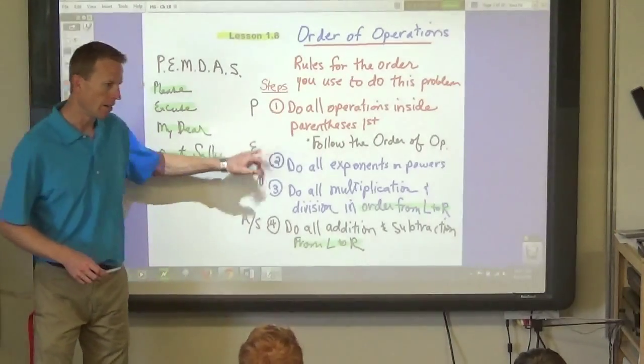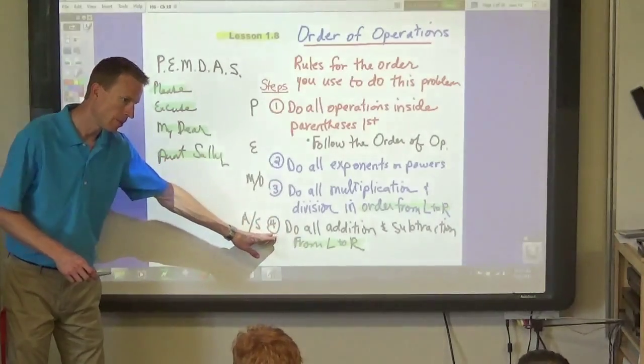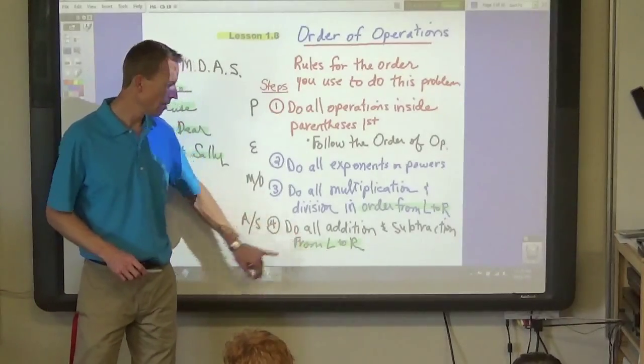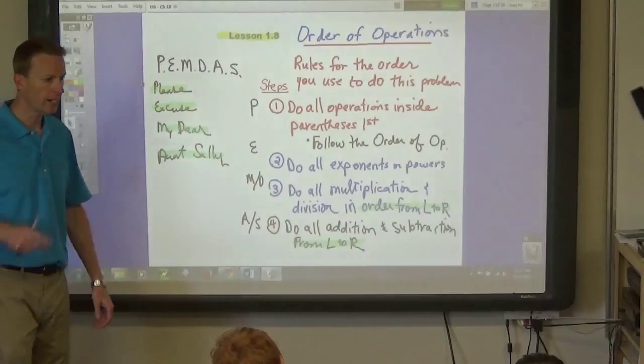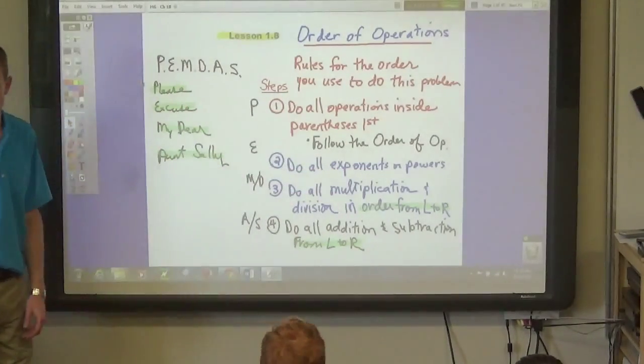So once you complete a step, then you go on to the next step in the order of operations. The last step in the order is to do all addition and subtraction. And again, you go from left to right. Okay?